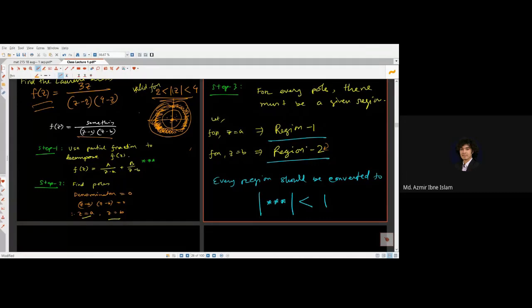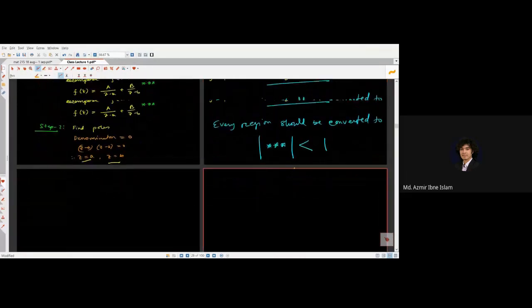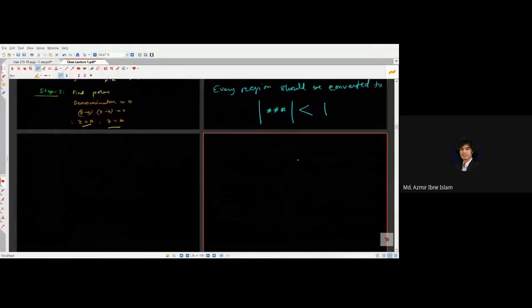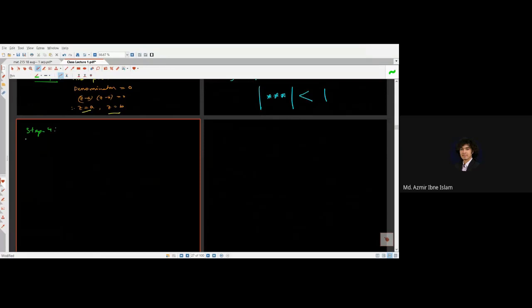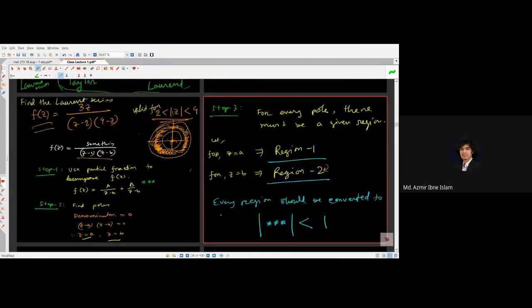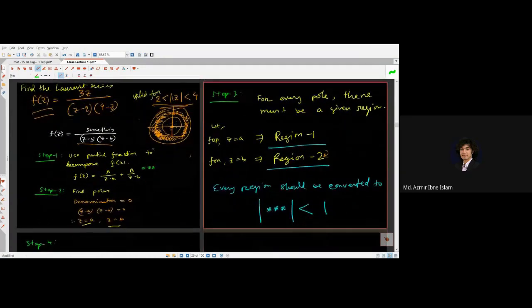You will understand. So this is step 3, and in step 4, we have to again get back to the main function, and the main function should be converted to this one now. Let's say this is our function.